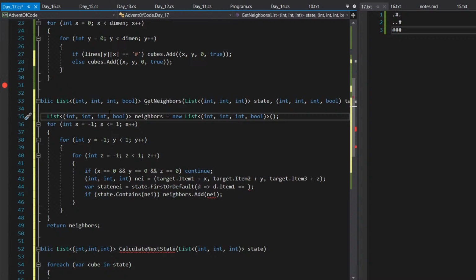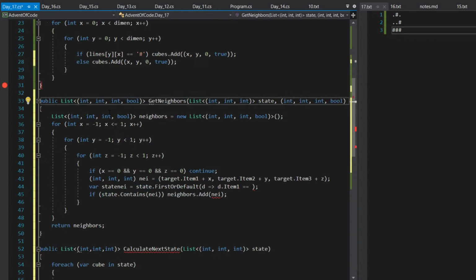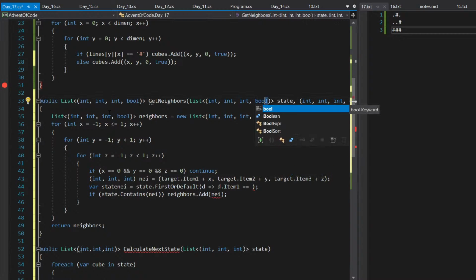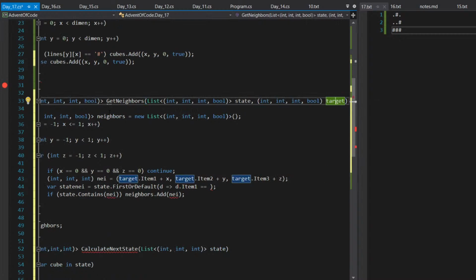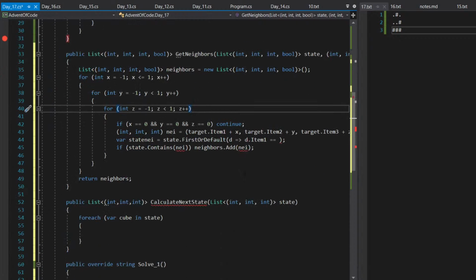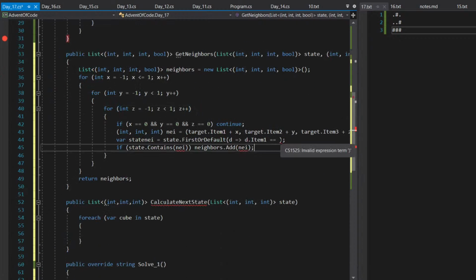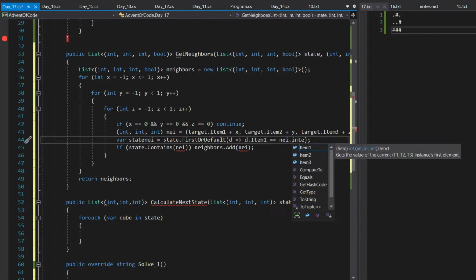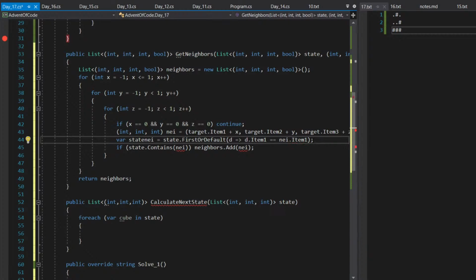If I represented XYZ as a single integer, I'd have to know the dimensions. I feel like if they smack me with a whole ton of, this grid is gigantic, then this is going to be extremely slow. We'll see.